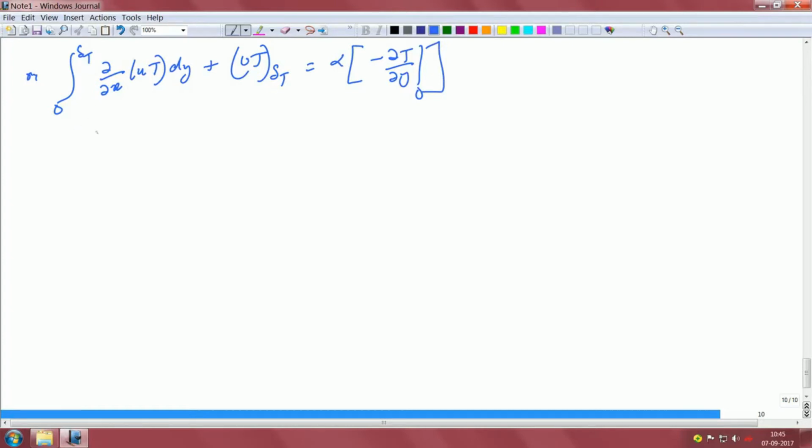Of course, looking at the nature of this particular term, V T at delta t, we need to find out what this term is all about. For that we would need to use the continuity equation.